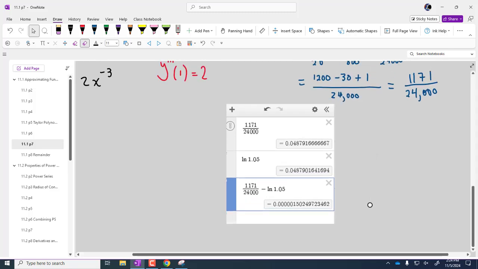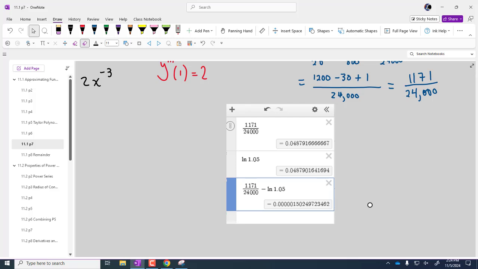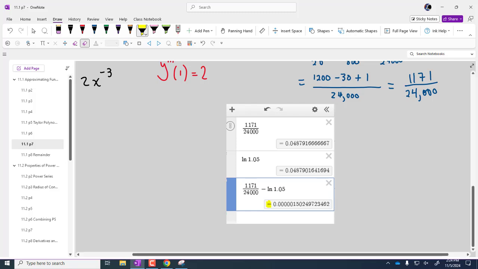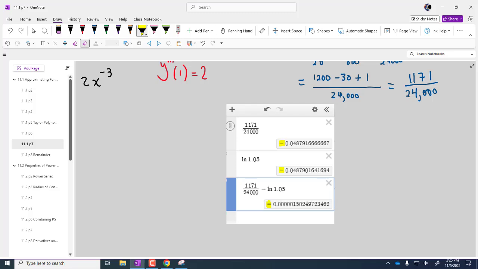On the equals? Yeah. No, I'm not going to put a huge circle. Just write it in your notes. We'll highlight it. I don't know if that helps. If we do, all the equals are going to be highlighted from here on out. All right, so there's the error. Error is super tiny.